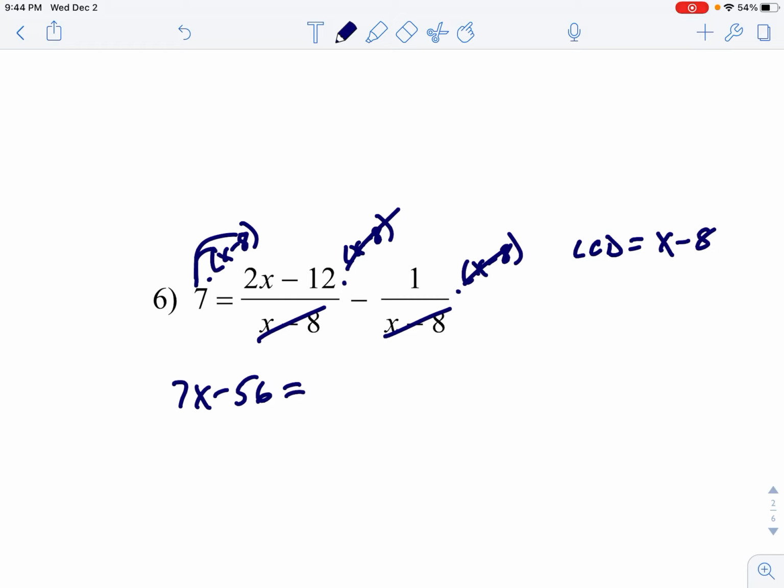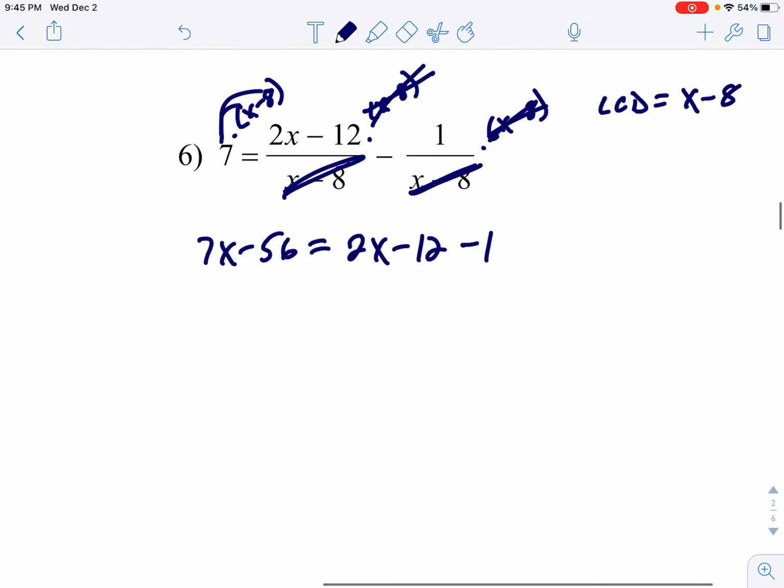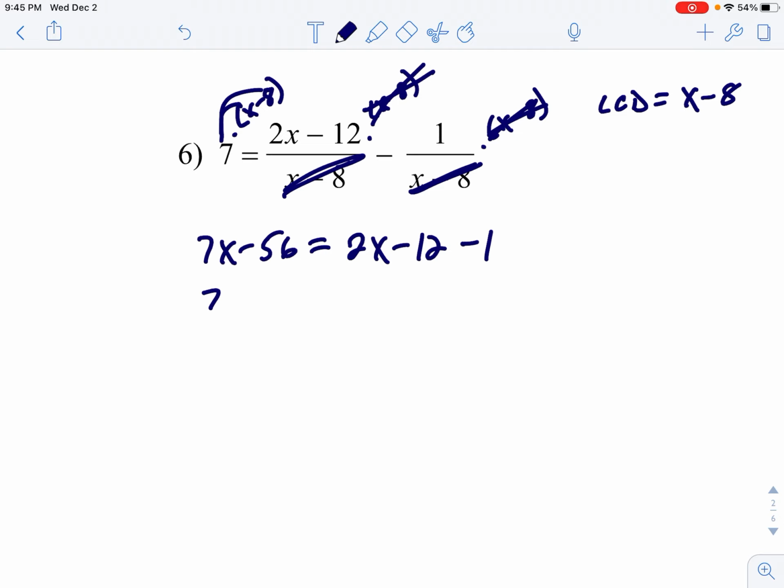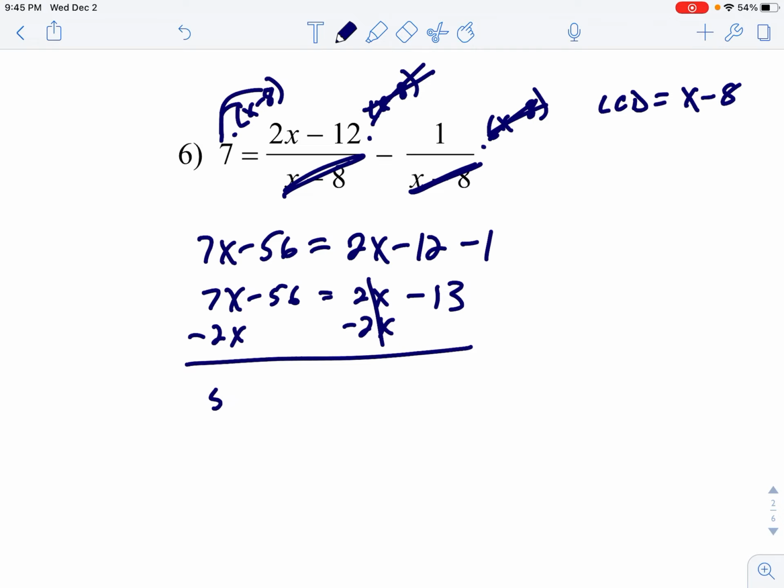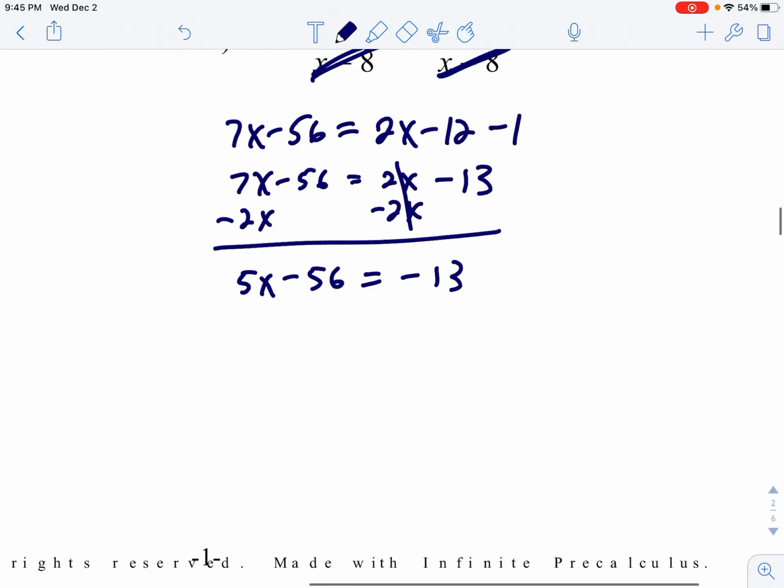And then here, if this cancels with that, that's just 2x minus 12. And those cancel, bring down a minus 1. And then from here, not so bad. So 7x minus 56 equals 2x minus 13. Get like terms together, so I'm going to subtract the variables first. 5x minus 56 equals negative 13. Add 56 to both sides.